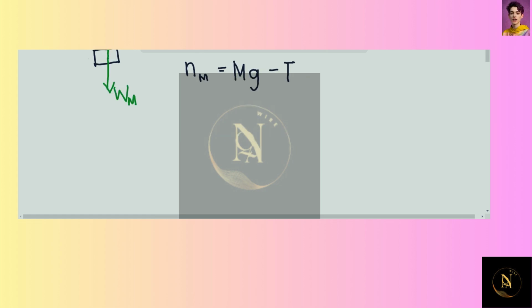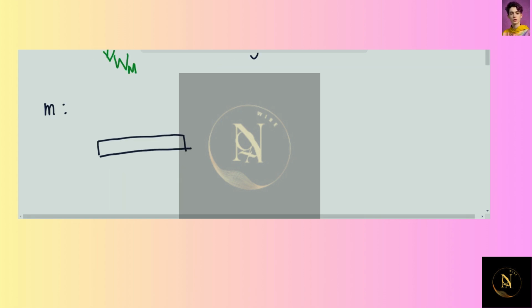Now, for the board, denoted as small m, assuming this is the board, the forces acting on its body are its weight, the normal force, the tension of the rope, and a friction force opposite its supposed movement.